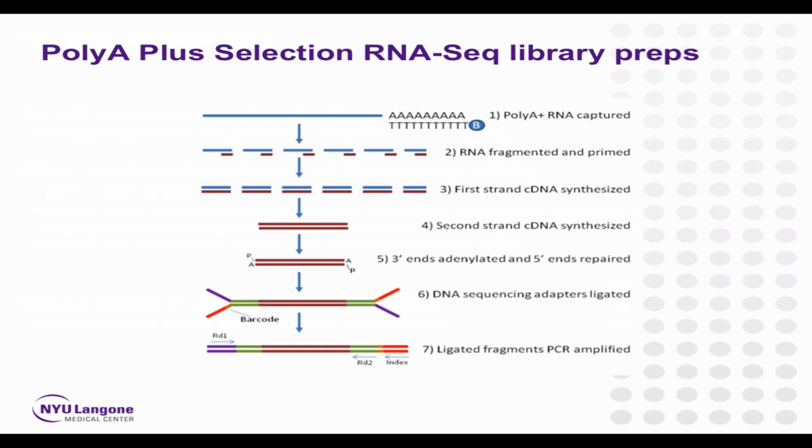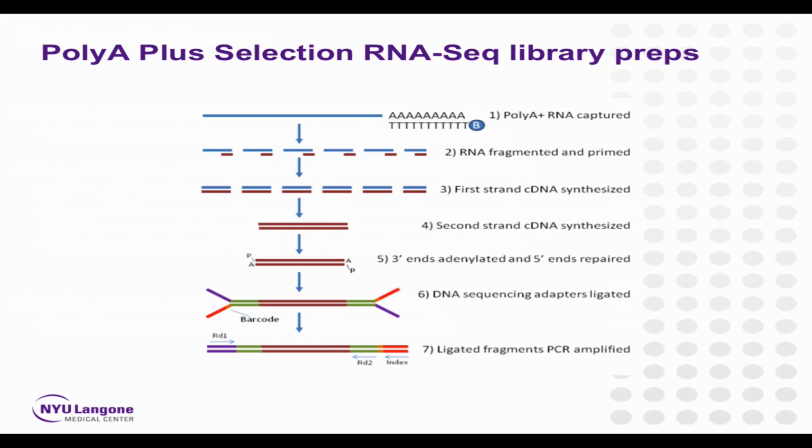And so typically the most typical RNA-seq library prep based on that is beforehand you capture just in a regular way that you would do by any PolyA, like for doing qPCR or for doing any other type of cDNA procedure. And then we fragment the RNA and we prime it.